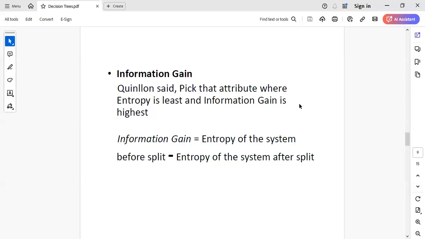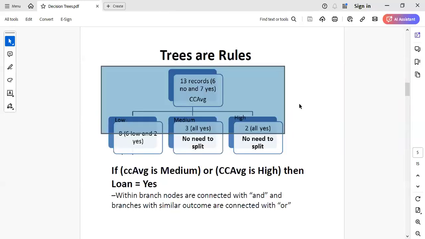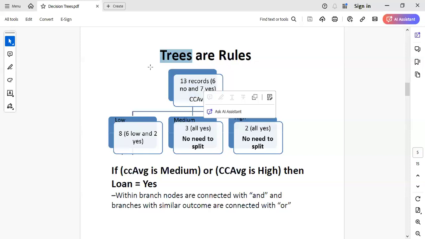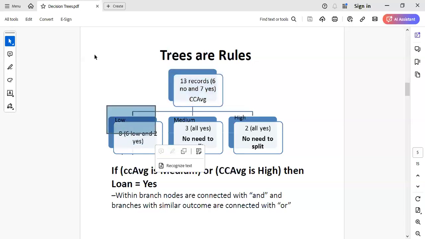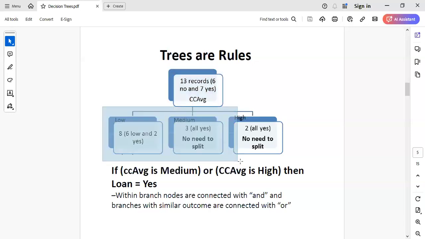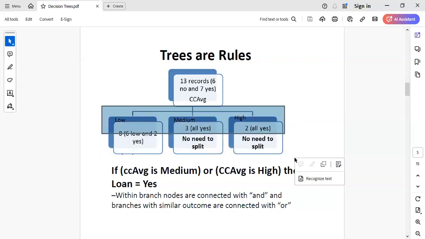What he said is, let us calculate entropy at the beginning. We calculate entropy at the beginning; let us call it A. Then we calculate the entropy after splitting; let us call it B. So if we subtract B from A, whatever we are left with is called information gain.